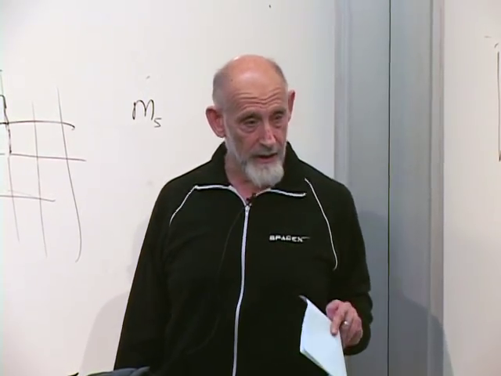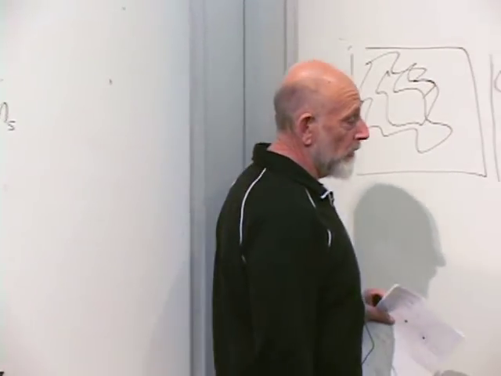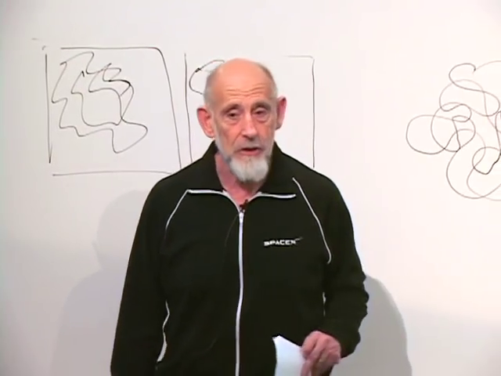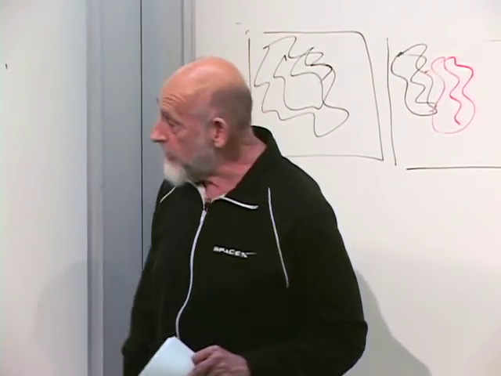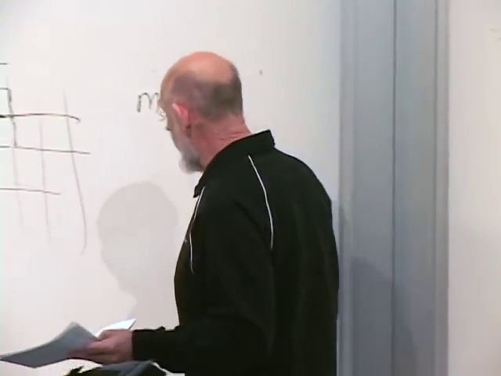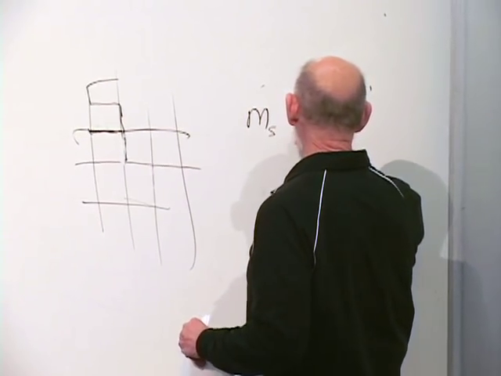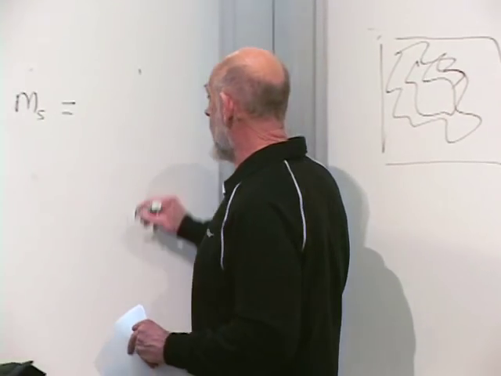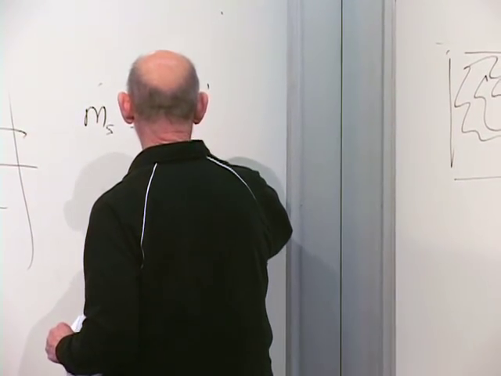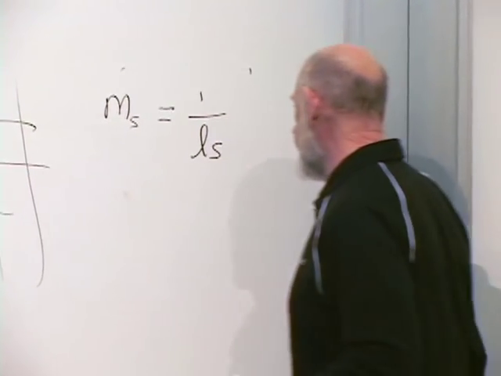Now all we have to remember is that mass units are the same as inverse length units. And the only possible equation that we can write down for this is that it's equal to 1 divided by the string length scale.